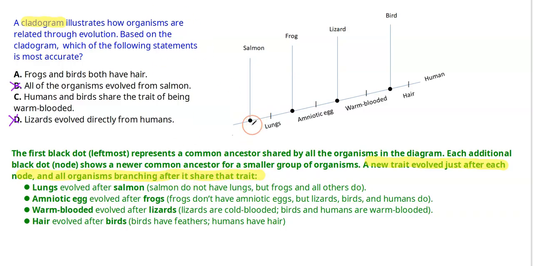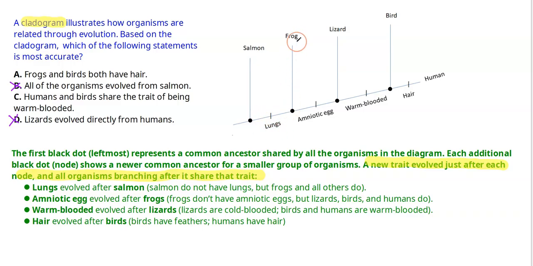So here's a common ancestor way back in time, and then a new trait evolved right after that common ancestor. Every animal that branches off after this trait has it. The trait that evolved here was lungs.